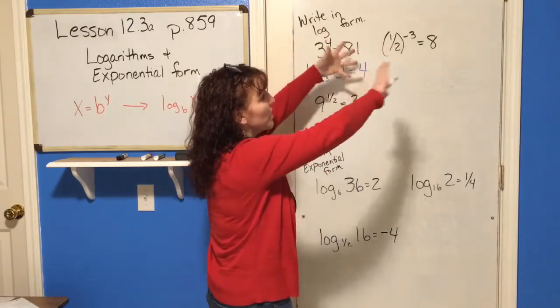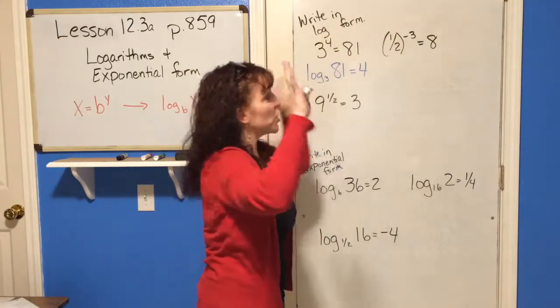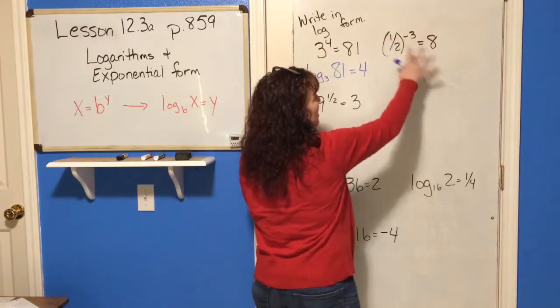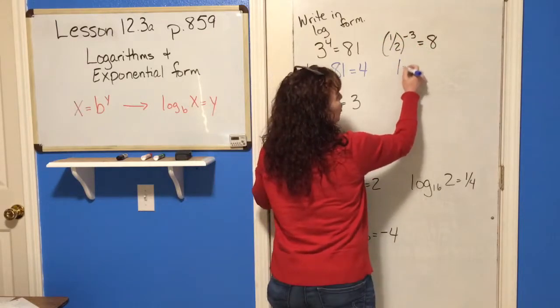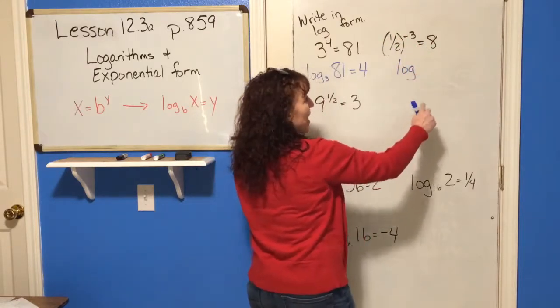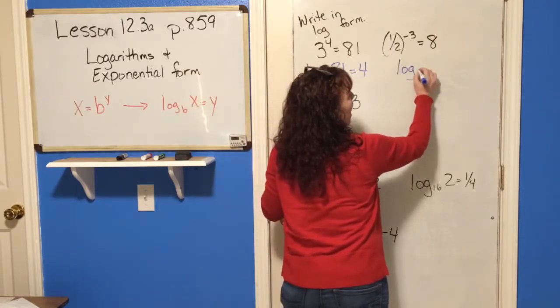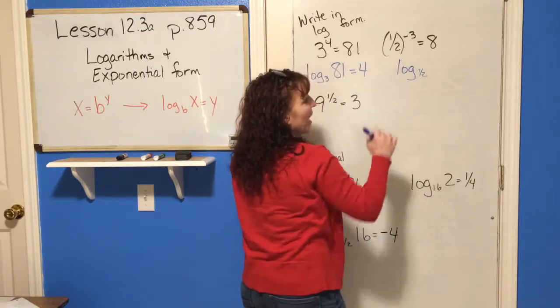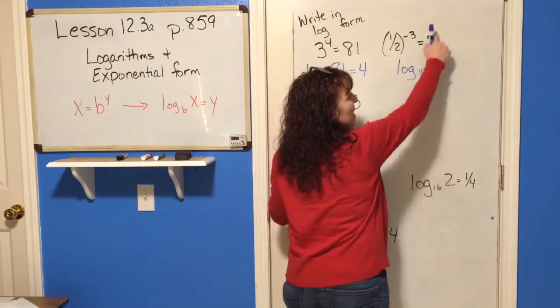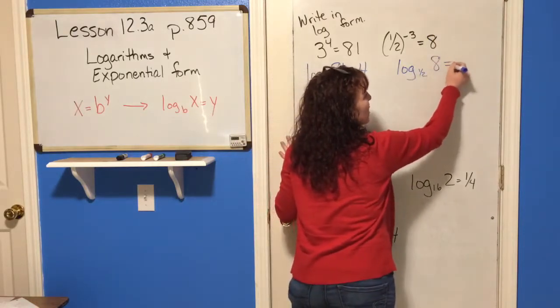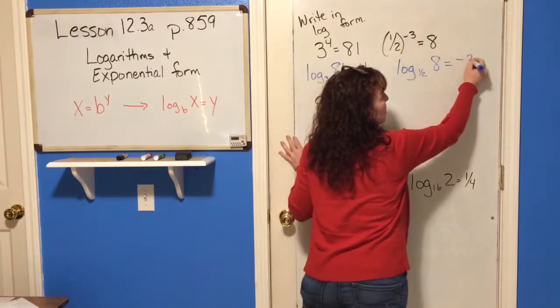That can work with negatives, positives, and fractions. So with fractions and negatives, let's do the same thing. You're going to have a log with the base, and the base is 1/2, and it's log base 1/2 of the answer equals the exponent.